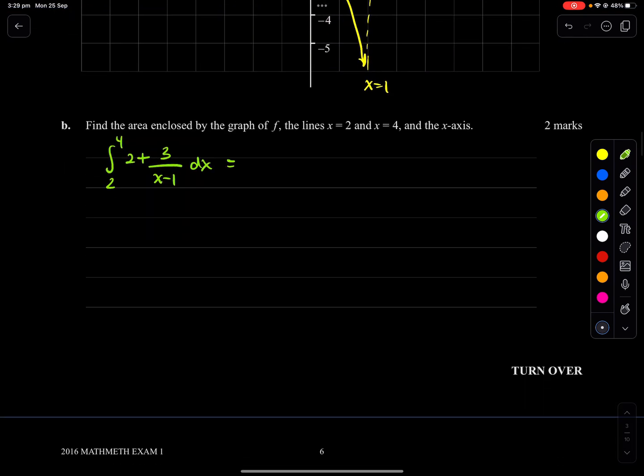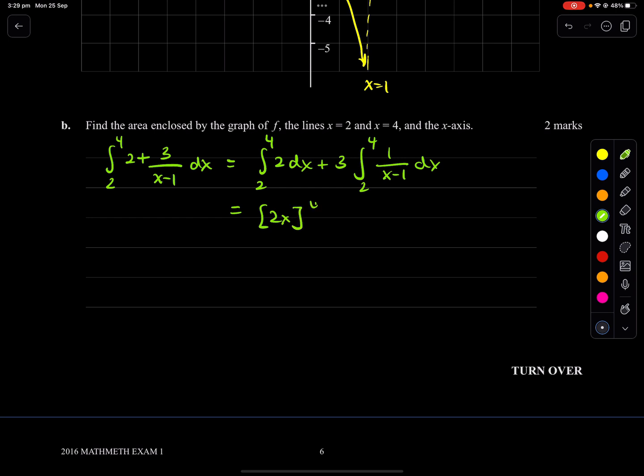Let's split it into 2. So we can say the integral from 2 to 4 of 2 dx plus the integral from 2 to 4 of 3 over x minus 1 dx. And that will be 2x from 2 to 4, plus 3 log e of the absolute value of x minus 1, from 2 to 4.